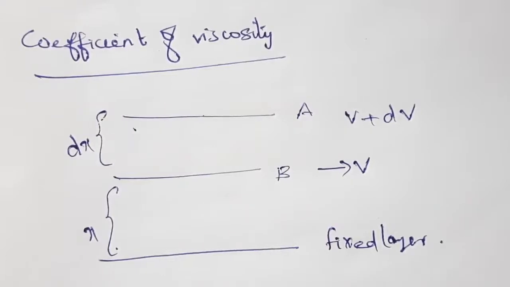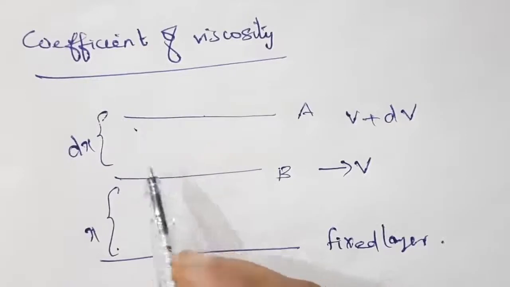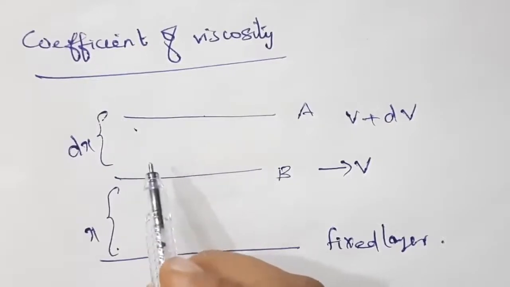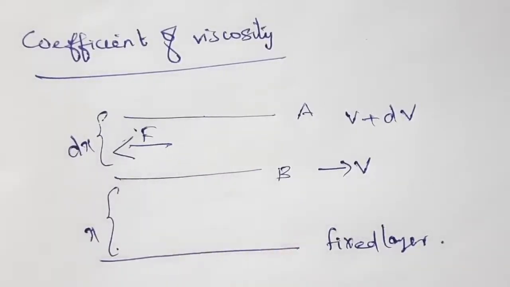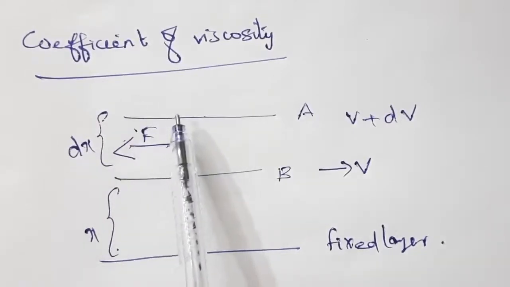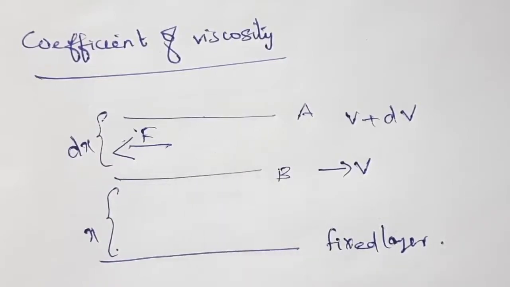Now, there is a viscous force acting between these two layers. The viscous force direction will be in this direction. So we can say the force F acts tangentially between the two layers. Now, this force is proportional to the area of the liquid and the velocity gradient.